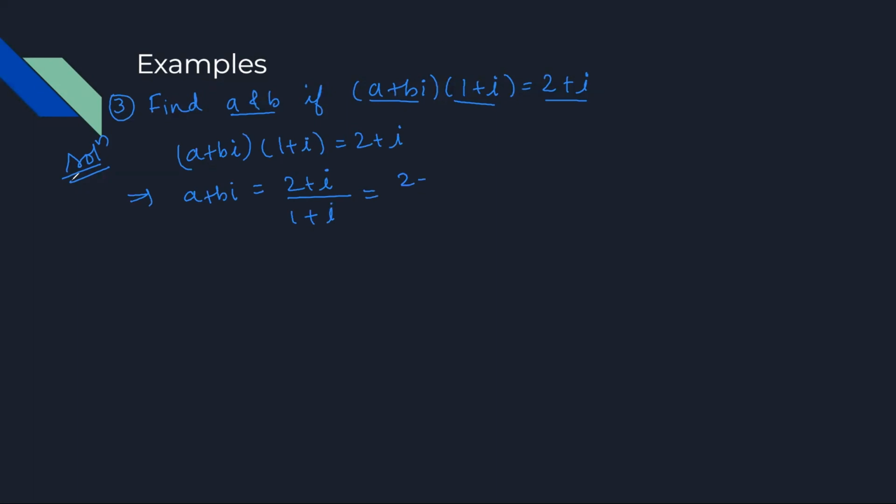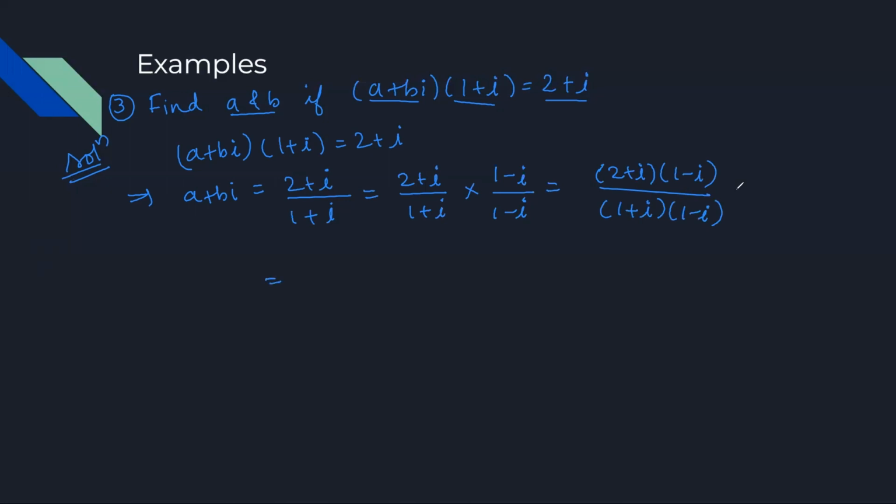We have to solve this 2 plus i upon 1 plus i, and we have to multiply it by the conjugate of z2, which is 1 plus i in this case. Okay, now I will multiply the numerator and the denominator by 1 minus i.